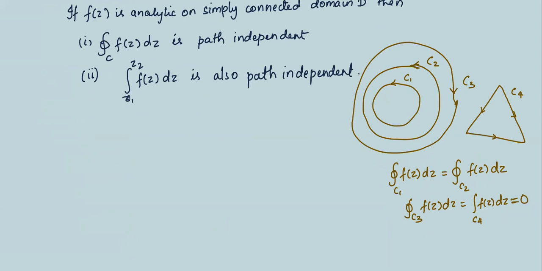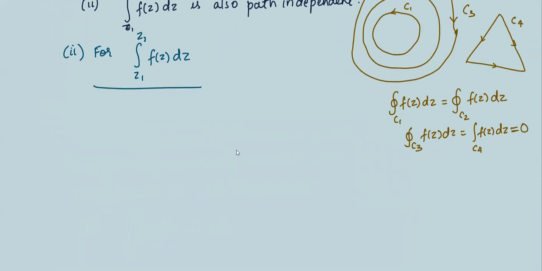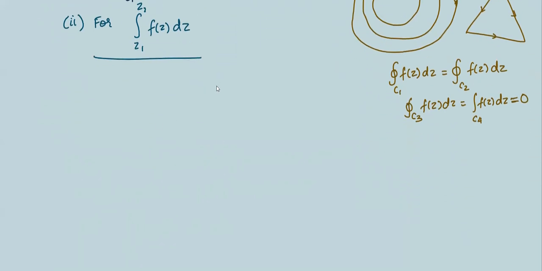Now, let us examine the second case. Let's consider two points. On a domain, let's say the whole plane is a simply connected domain. Let us say you have Z2 and this is Z1.